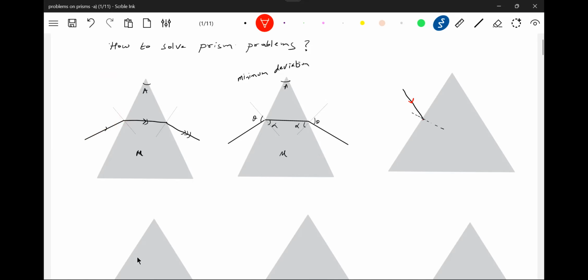Then after refraction, it will come like this.